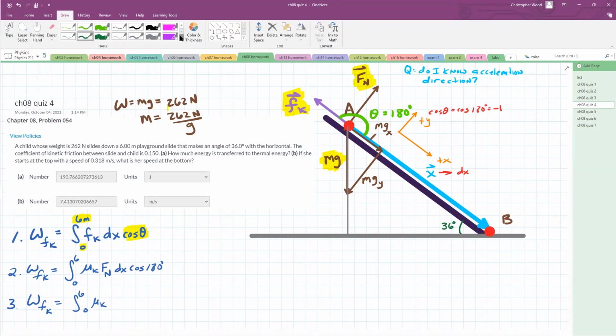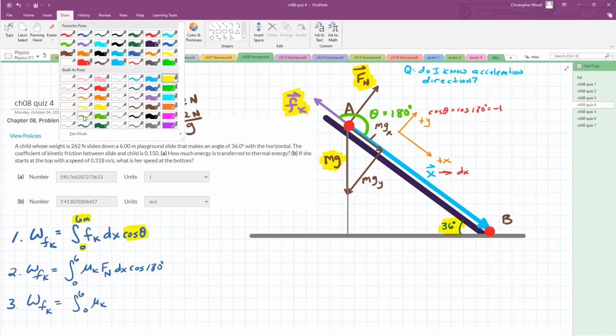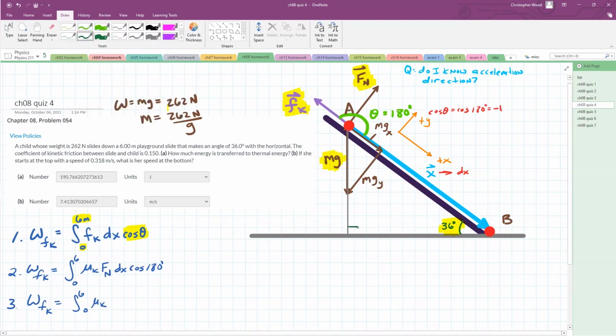If this is 36 degrees right here, and this is 90 degrees right here, because vertical and horizontal form a 90-degree angle, then if that's 36 and that's 90, this must be 54 right here. This green angle must be 54. If that angle is 54, this angle must be 36. So I'll just go with that.